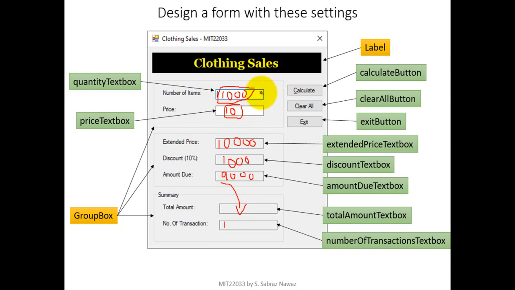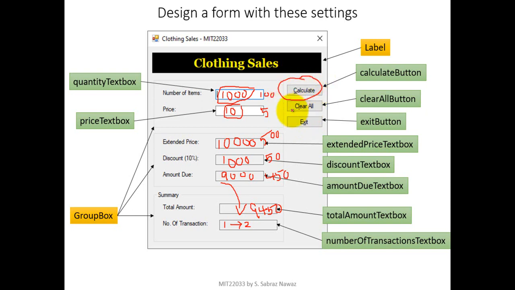And then say he is entering 100 and price may be 5, so that 500 appears here, and then 10% of 500 is 50 will appear here. 450 is calculated here, and with this 9,000, 450 will be added, so that it becomes 9,450 here, and the total number of transactions will become 2. So this is going to happen for each click of this Calculate button.